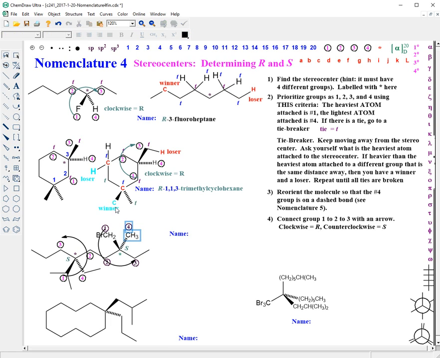Nomenclature rules say that carbon 1 should be here because we'd get a group on 3, which is better than starting from the other end of the longest chain, getting a group on 4. We have a group on 3, 4, 5, 6, a group on 6, on a chain that goes to 9.